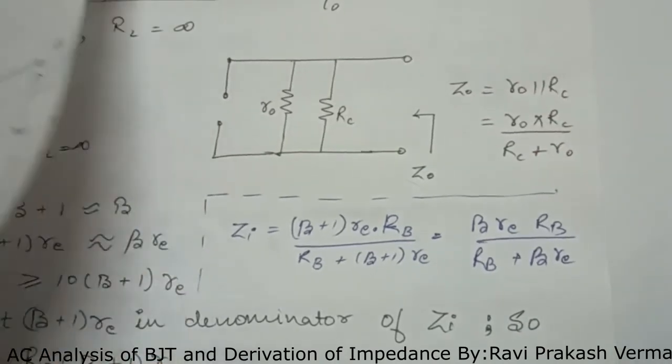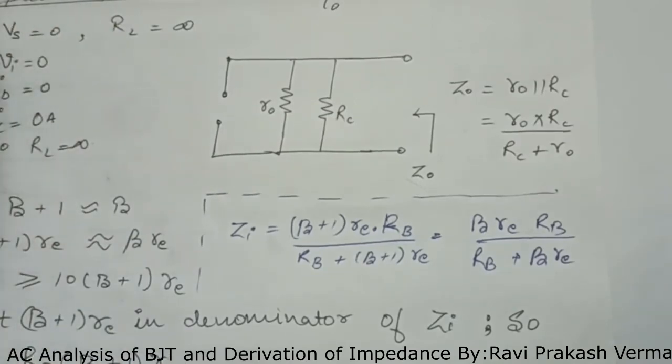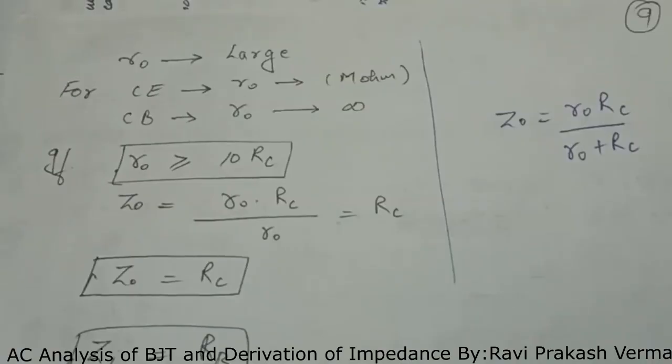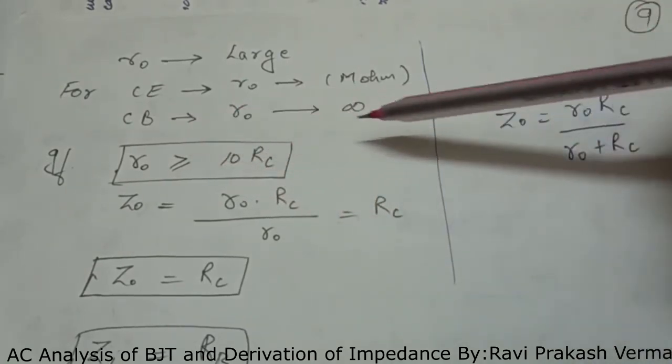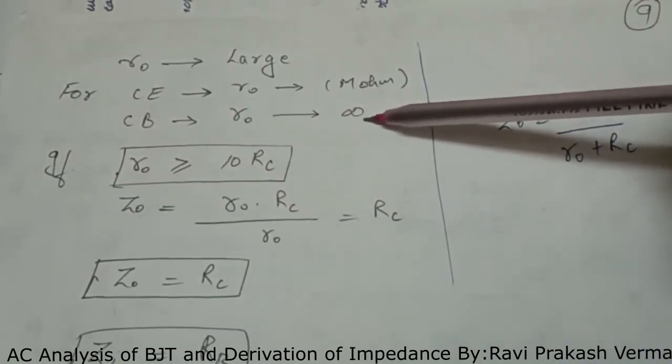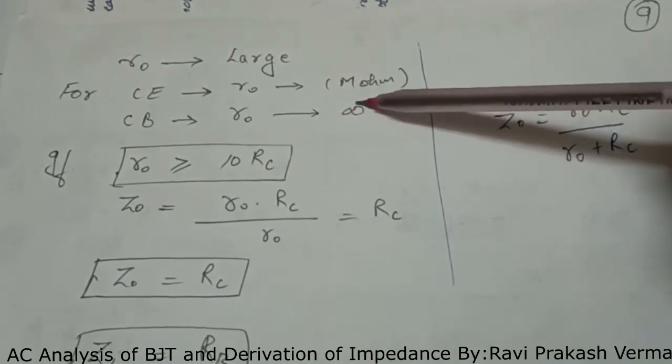In this output impedance, we also have some approximations. From the basics of bipolar junction transistor, we have gone through that the output resistance of a common emitter configuration is in the megaohms, while the output resistance of a common base configuration is very high, ideally infinite.